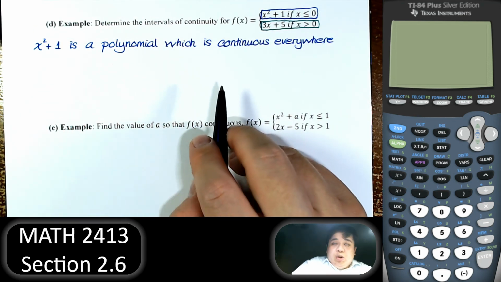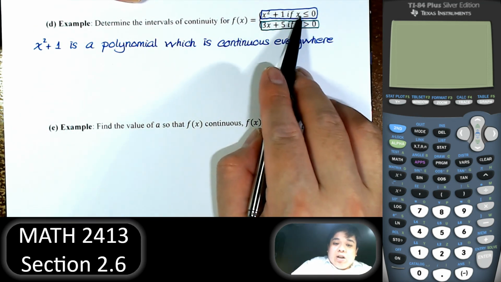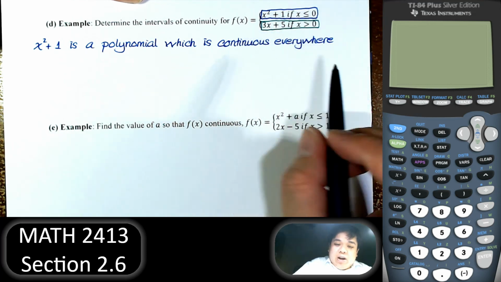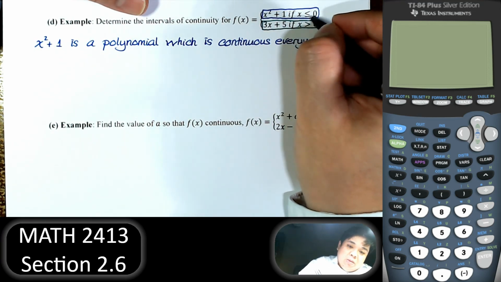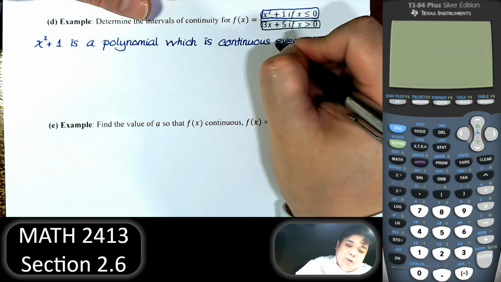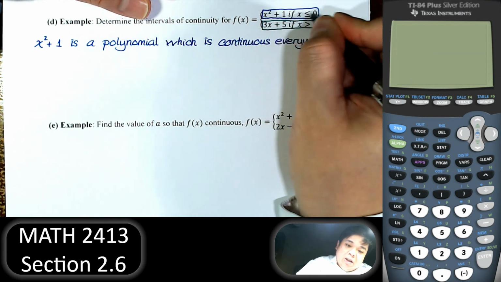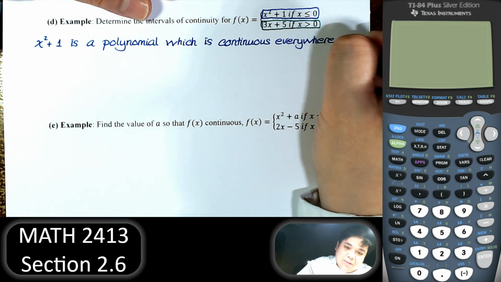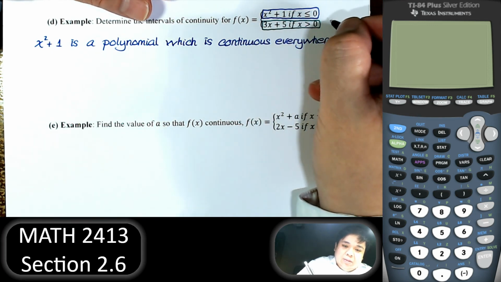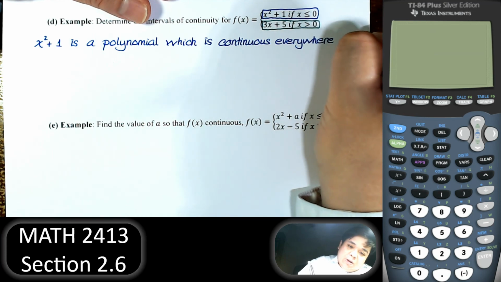Even though it is continuous everywhere, for this part of the function, it is certainly continuous for x less than 0.